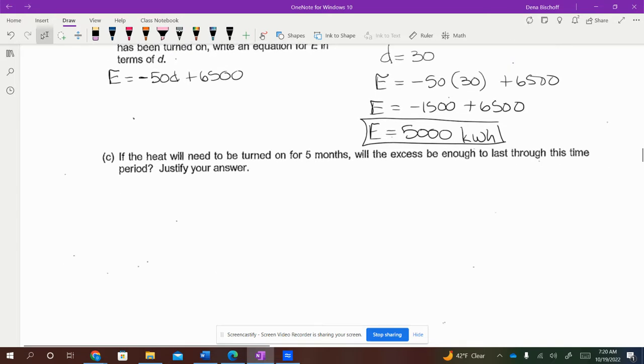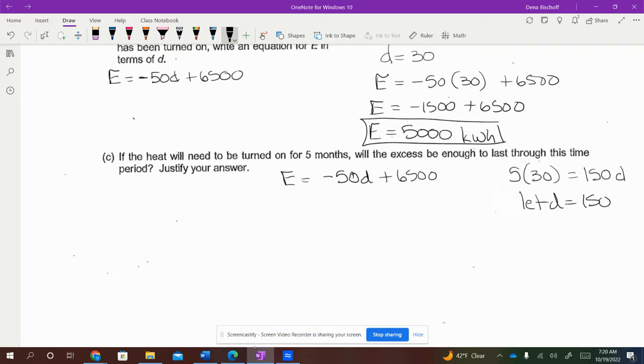If the heat that you need is going to be turned on for 5 months, will the excess be enough? So let's look at our equation. E equals negative 50D plus 6,500. But I'm running my heater for 5 months, or 5 times 30. So that's 150 days. So I have to let D equal 150, right?